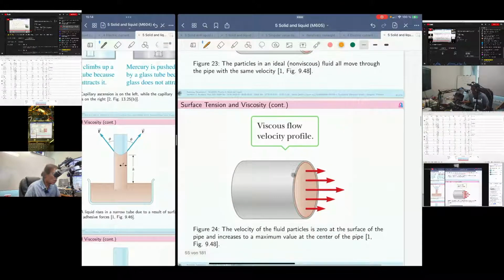Now let's consider the real viscous flow velocity profile. In this case, the fluid is realistic. When the fluid flows, there is a friction between the liquid and the metal inside. It's called internal friction.